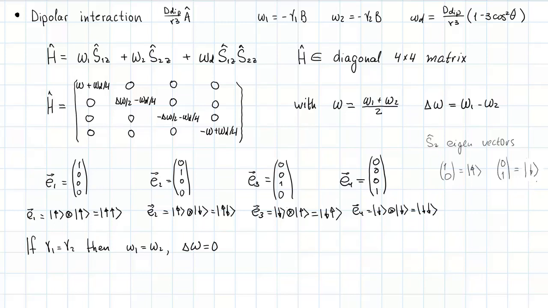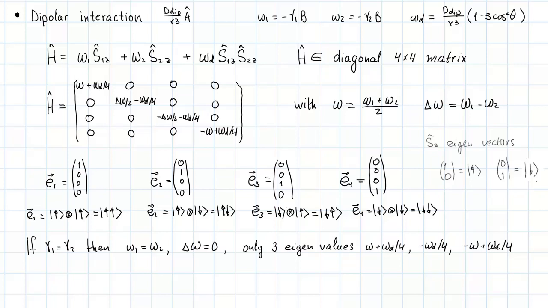Also, we are left only with 3 different eigenvalues: omega plus omega d divided by 4, minus omega d divided by 4, and minus omega plus omega d divided by 4. Remarkably, the situation when gamma 1 is equal to gamma 2 corresponds to the case when we have two identical particles. In this case, the wave function of the spin system needs to be symmetric or antisymmetric.